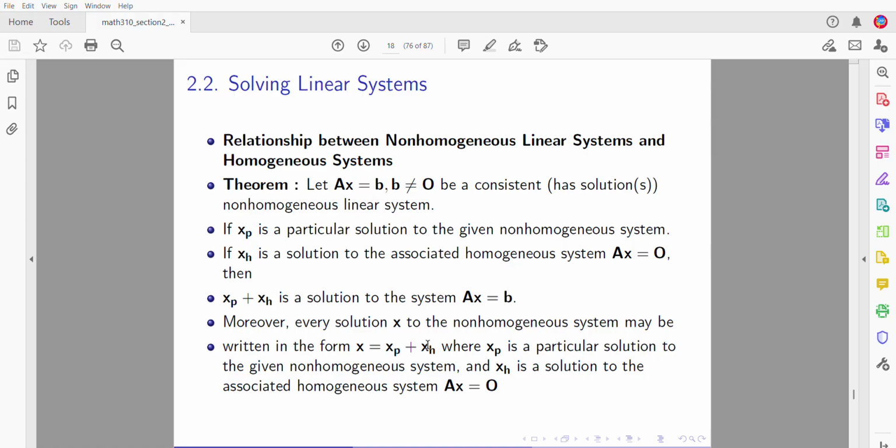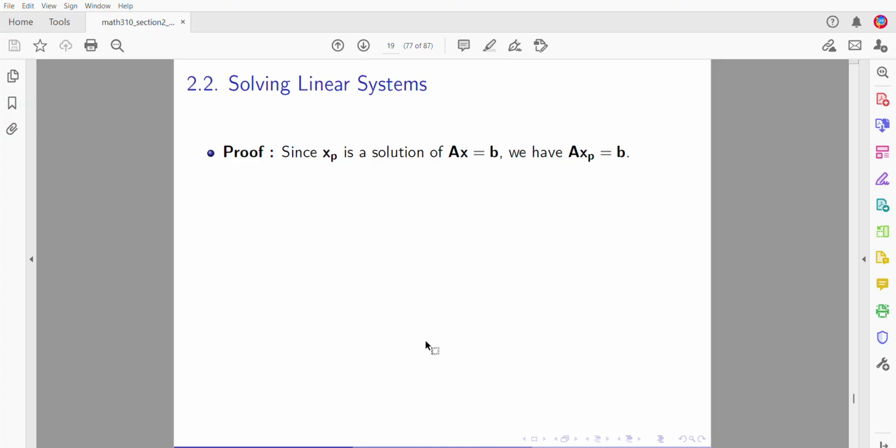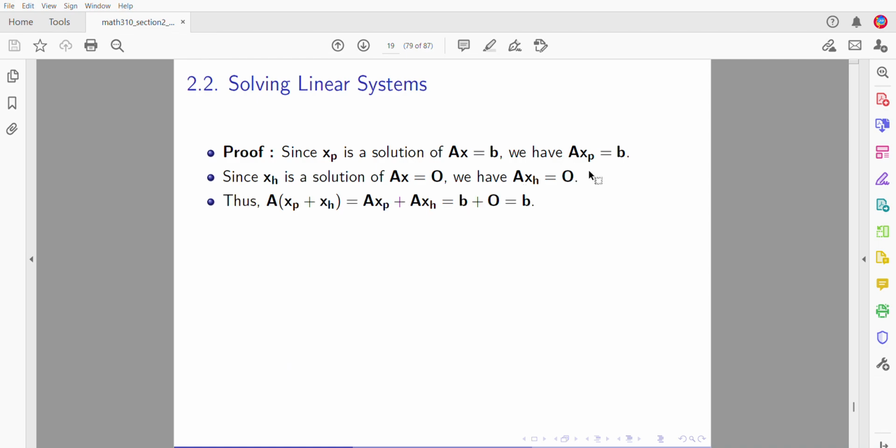Well, suppose xp, the particular solution, is a solution. That means when I replace x by xp, I get the answer b. Suppose xh is a solution of the homogeneous one; when I replace x by xh, I get 0. Well, what's wrong with it?